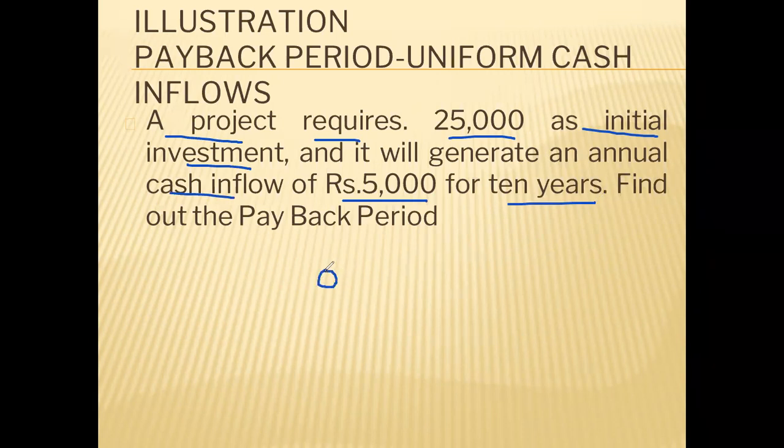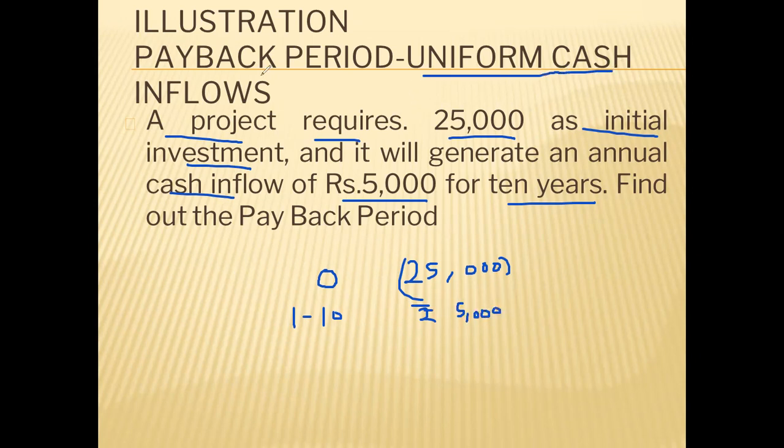So today, if you will invest 25,000 in a particular project, this will be your outflow, and for 10 years you will get 5,000 rupees every year. So this is a case of a uniform inflow. This is a case of uniform cash inflows.